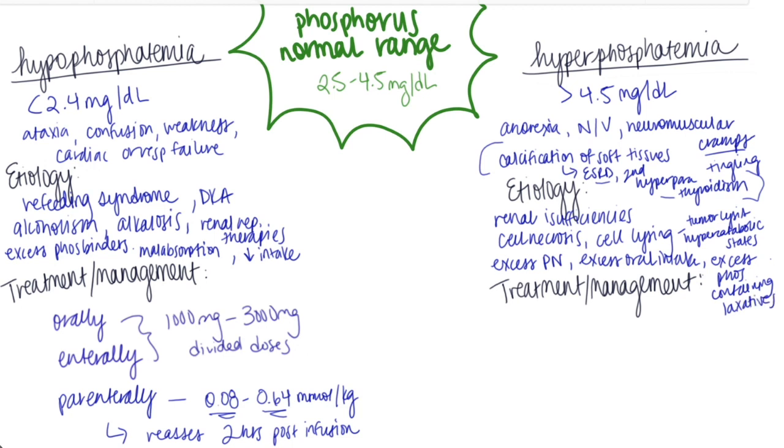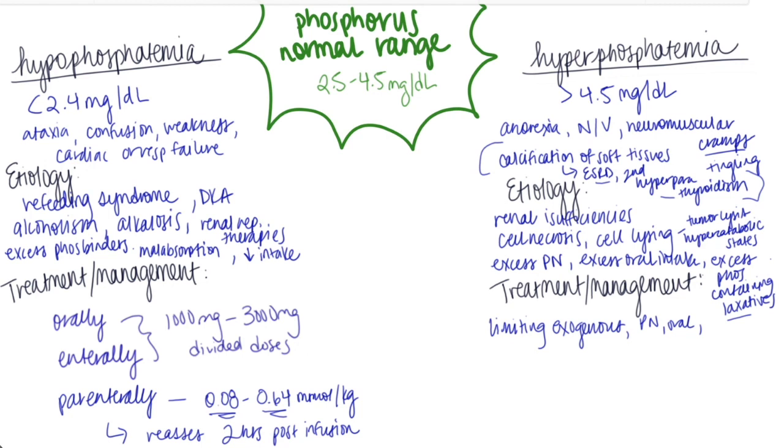So some treatment and management options for hyperphosphatemia are going to be things such as limiting those exogenous sources. So again, that could be PN, oral intake potentially, if there's any kind of supplemental, switching what kind of laxatives the individual might be on, trying to just reduce the outside sources.